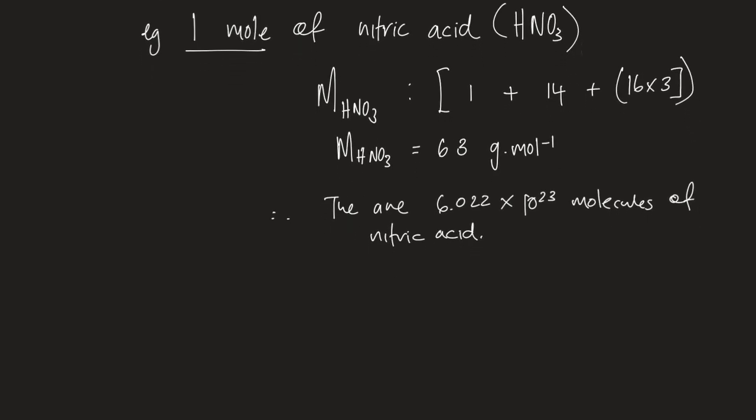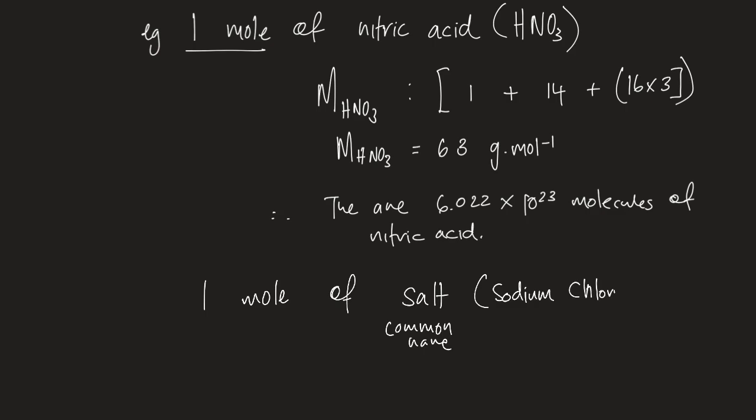I can do the exact same thing and I can say 1 mole. Please make sure you're getting these examples into your book. So 1 mole of salt, that's what we call the common name, which is sodium chloride. And this is the chemical name. All this is ringing a bell from grade 10.